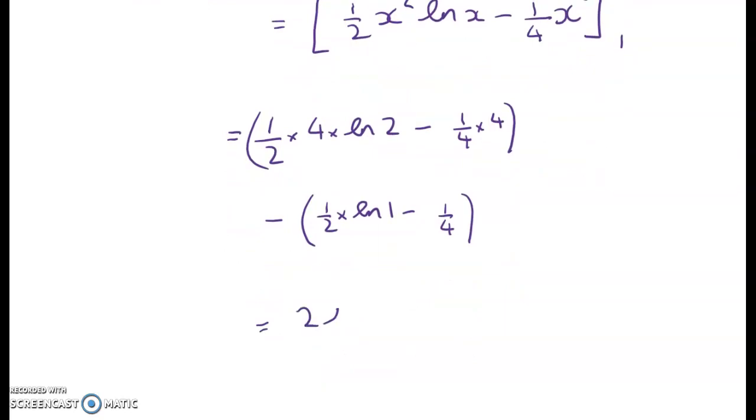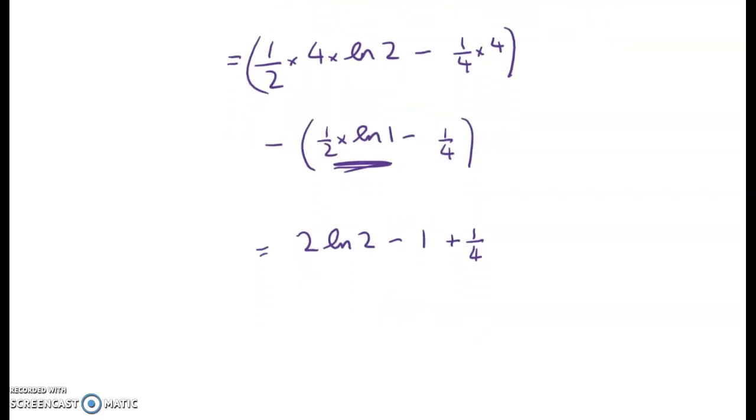That gives me 2 log 2 minus 1. This is 0, and then I get plus 1/4. Feels like something's gone wrong there. Oh, you know, that's right, equals 2 log 2 minus 3/4.